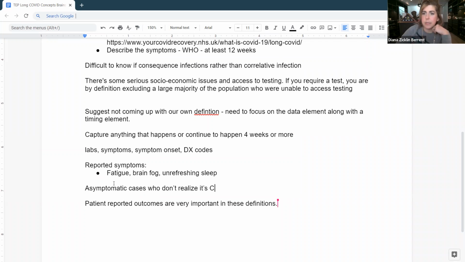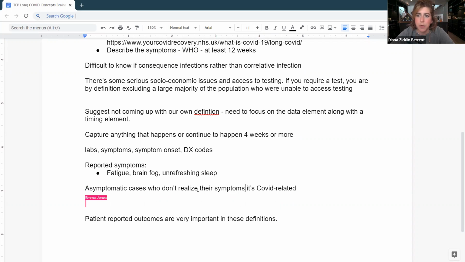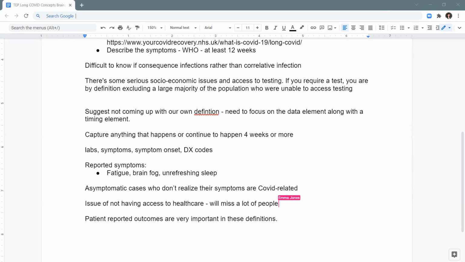And then we also have the issue of people not having any access to healthcare. So right now the average wait to get into a post-COVID care center is like 6 months at the least. So you're going to miss a lot of people. I had COVID in March of 2020, and I didn't see my first doctor until August of 2020. Wow.